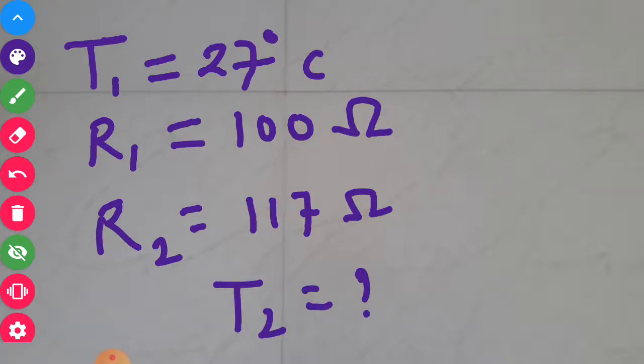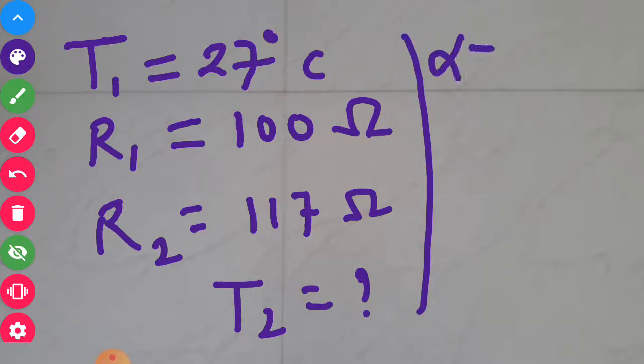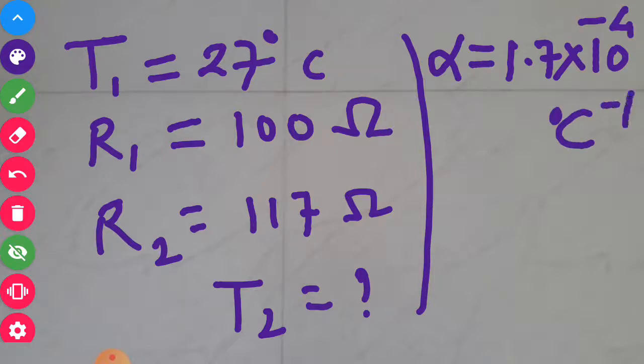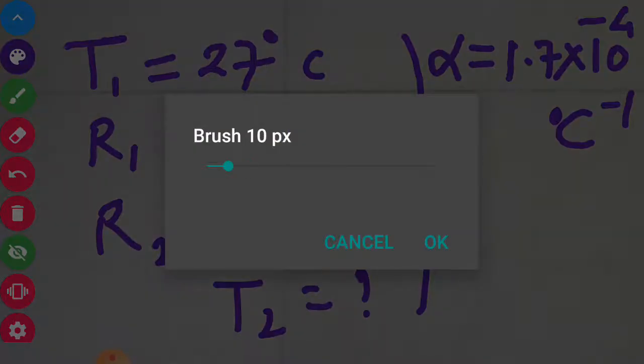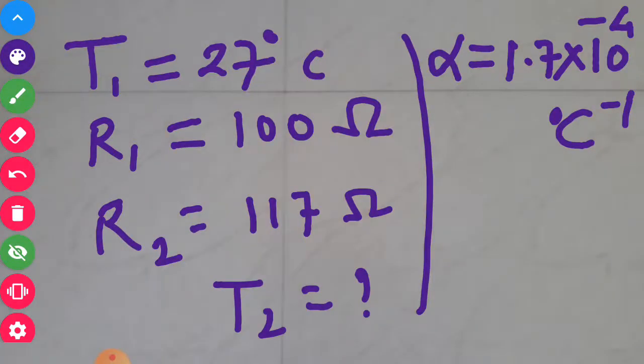The temperature coefficient alpha is also given. The value of alpha is 1.7 into 10 raised to -4 per degrees Celsius. So these are the things that you note down, and you can calculate it easily. We just have to write the formula.